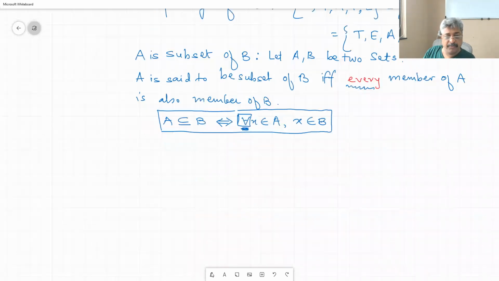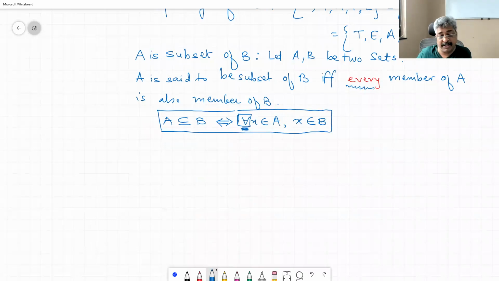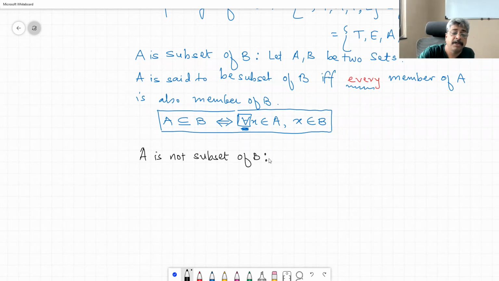Now let us define A is not a subset of B. How will you define it? Now write down your definition.